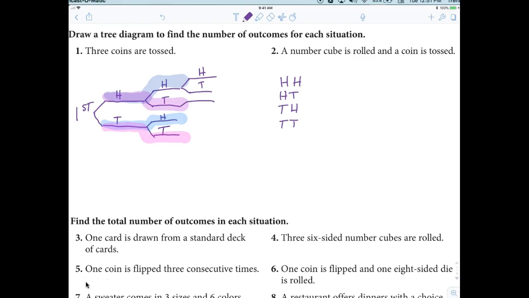Here, heads or tails. Here, heads or tails. And finally, your last choice, heads or tails. Now, instead of saying heads, heads, heads, I want you to just say HHH or HTH or HHT. But you're going to list out all the possibilities.